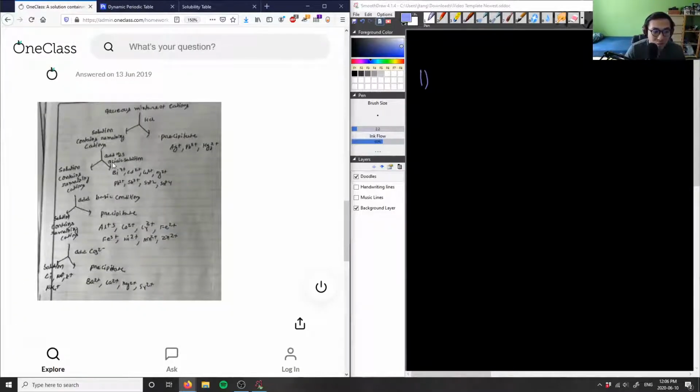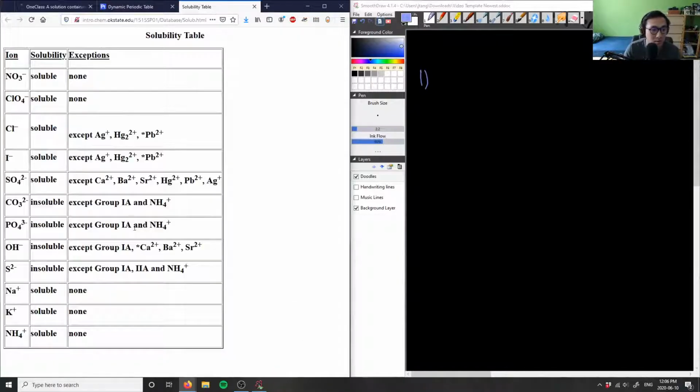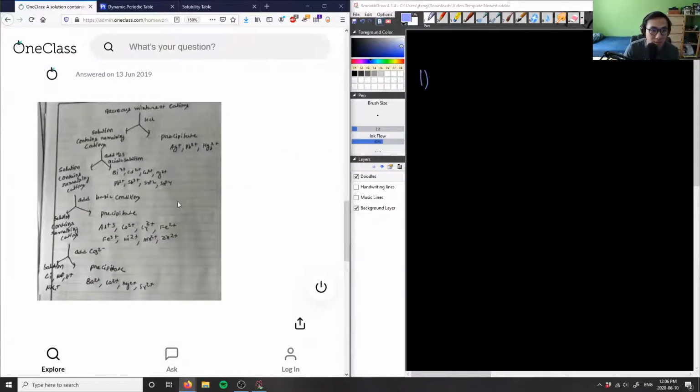If we're adding H2S in an acidic solution, these ones here are going to be insoluble and create a precipitate because, as you can tell, sulfide is insoluble except for group 1, group 2, and NH4. So these are insoluble with H2S because it's an acidic solution.